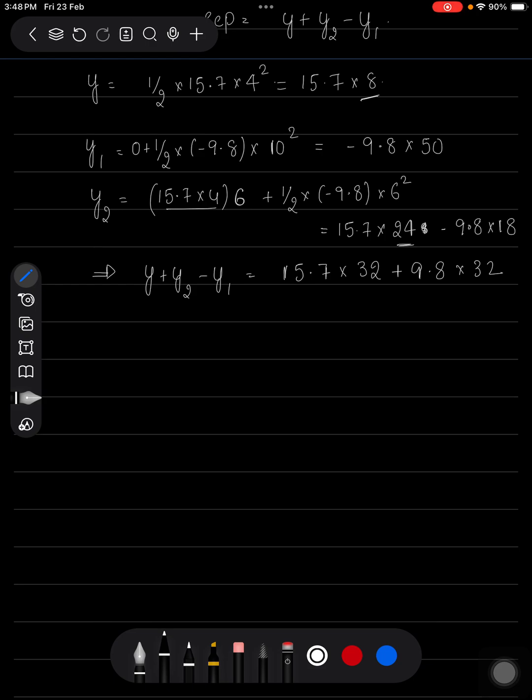When we subtract here, this will become plus 50 minus 18, plus 50 minus 18 is 32. So this will be approximately 502.4, and this will be 313.6, and the sum of these two will be equal to 816 meters. This will be the final answer for this question. Thank you.